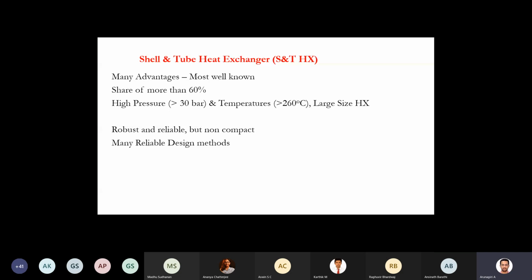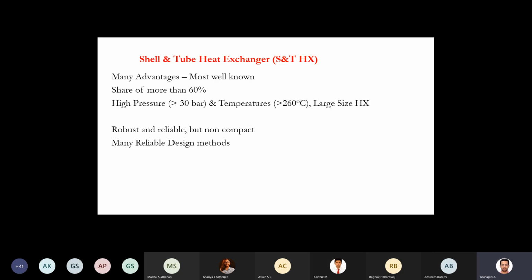Automobile industries can also have bigger ones. Then economizers: in the power plant industry, you have condensers, economizers, boilers, preheaters. Even the petroleum industry, food process industry, then nuclear industries. Wherever you go, you can find applications of shell and tube heat exchangers.